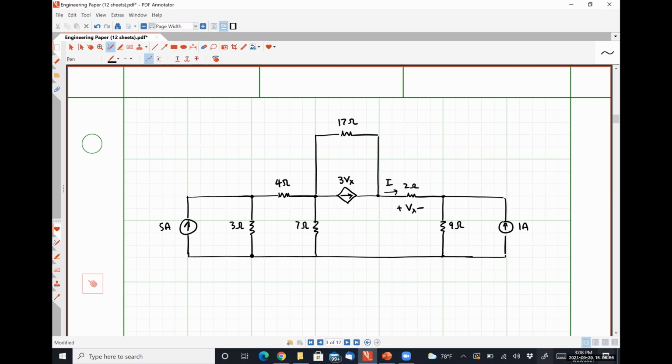The problem is I count 1, 2, 3, 4, 5 meshes, which is one more than any of you with even the fanciest of calculators can solve on your exam.